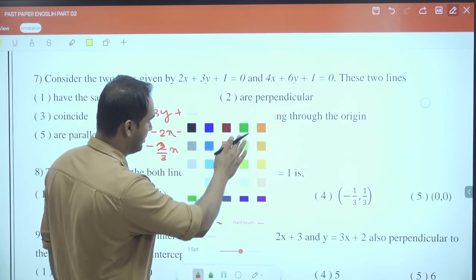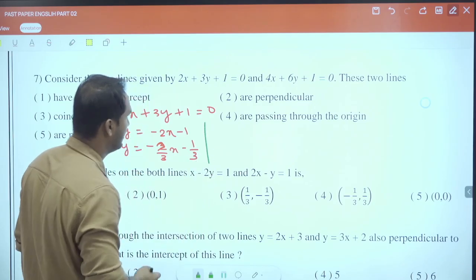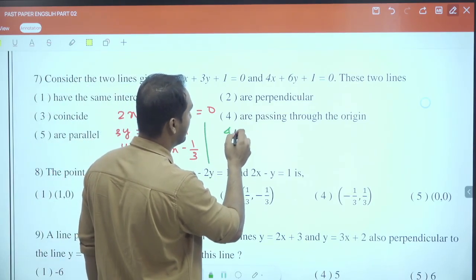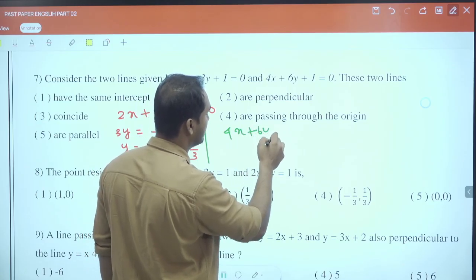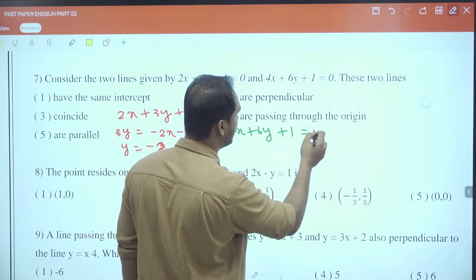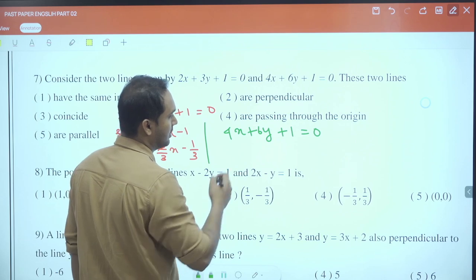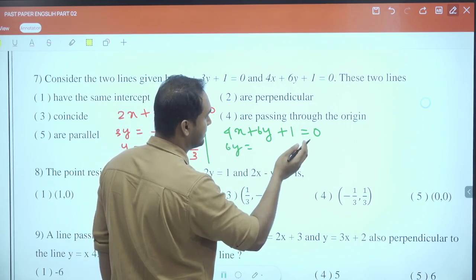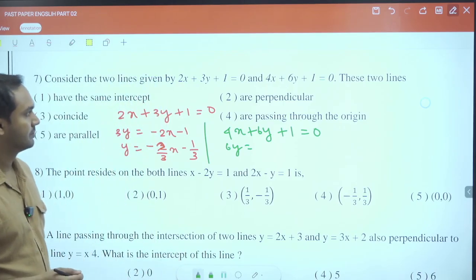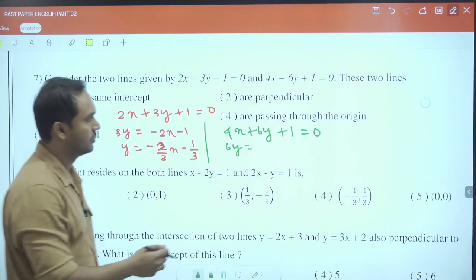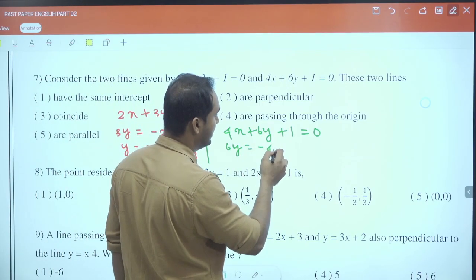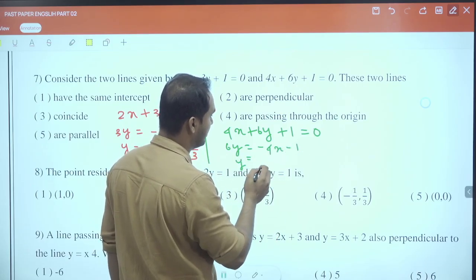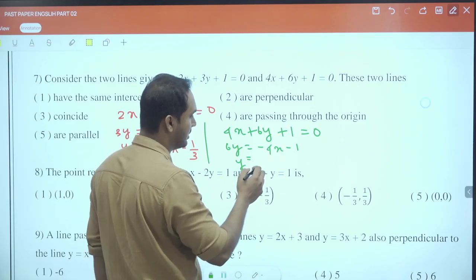And this one, 4x plus 6y plus 1 equals 0. That will be 6y equals minus 4x minus 1, and y will be what? You have to divide by 6.